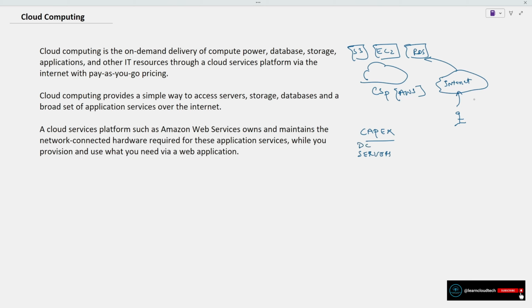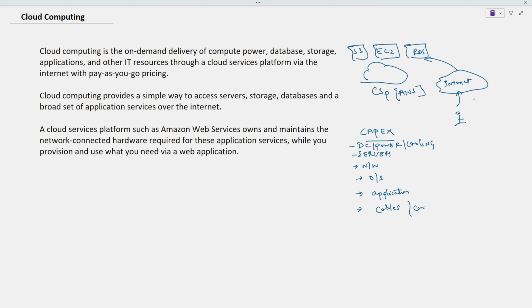So we need to have the data centers, power, and cooling for the data center, and we need to purchase servers, network equipment, the operating system license, and also the application license, and again cables and connectors and generators to supply the power if there is any power outage.